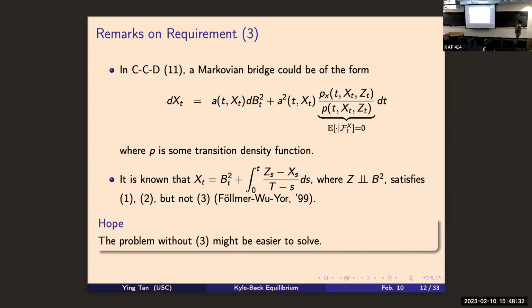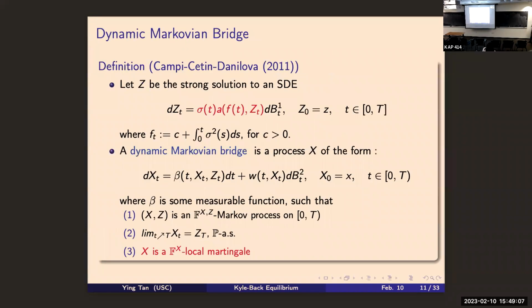They did this because they want X to be a local martingale under its own filtration, in the sense that the conditional expectation of this term given F^X_t is 0. So this part makes the process X an F^X local martingale. We found an example where this pair, this X and this Z, satisfies the first two conditions.